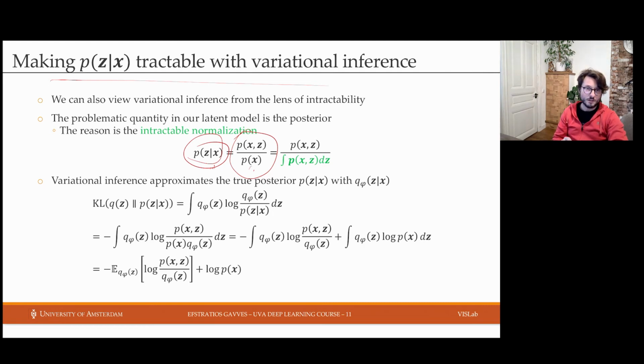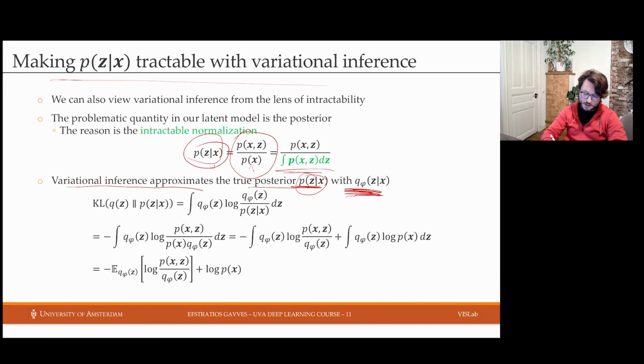This is like total probability: the marginal likelihood of x after we integrate over all possible z's, and this integral is a nasty one, we cannot compute it easily. So variational inference tries to approximate the true posterior p of z given x with another distribution, such that we make the approximation as good as possible.